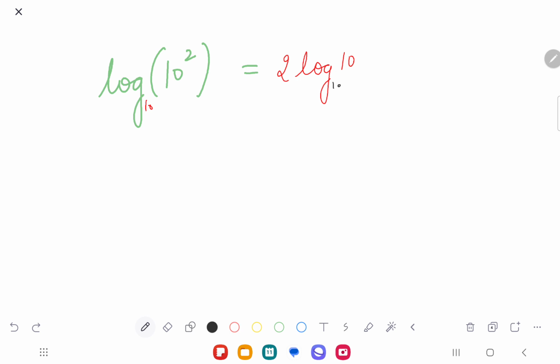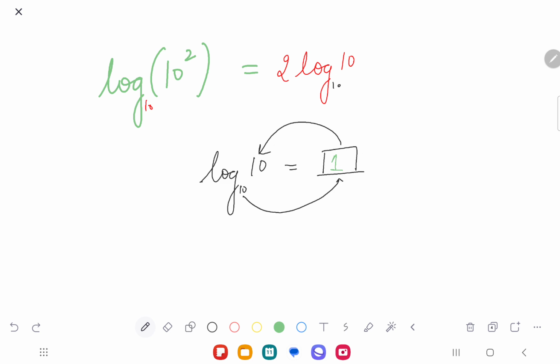Yes or no? And what is the value of log 10 to the base 10? What am I supposed to raise 10 to, to give me 10? That shall be 1. So my answer is nothing but 2 times 1. So that shall give me 2.